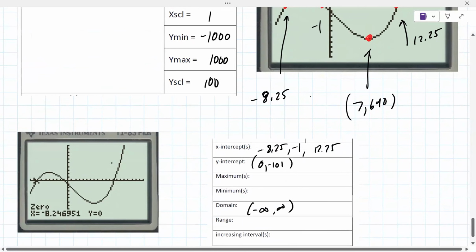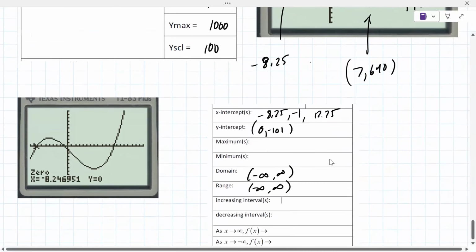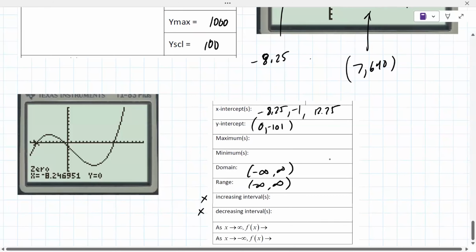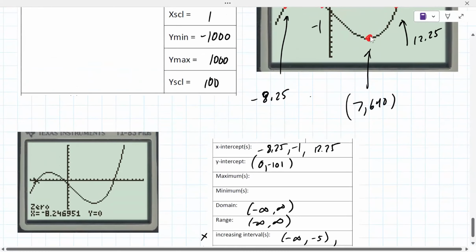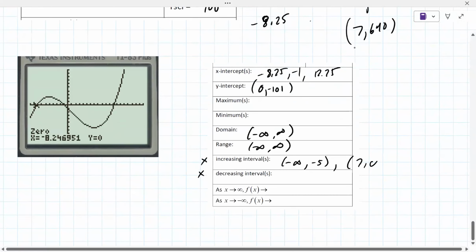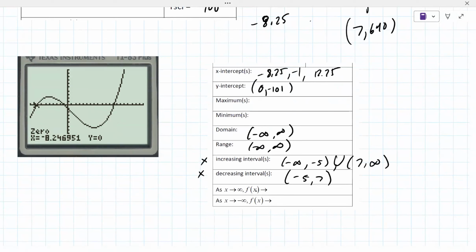And then for the range, it'd be negative infinity. For increasing and decreasing, you only hear about the x intervals. It's increasing from -infinity to this x value, -5, comma, this x value to infinity. You can put a union if you want, but it's not a domain, so you actually don't need that. And the end behavior is the same as before.